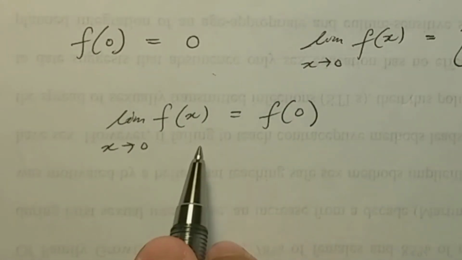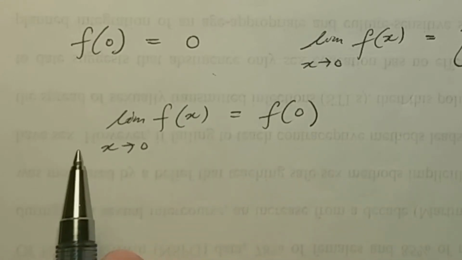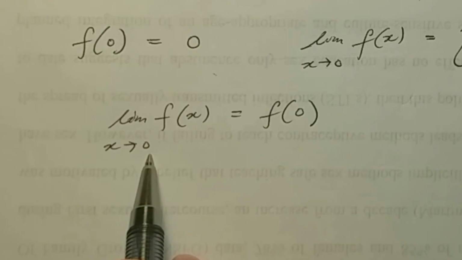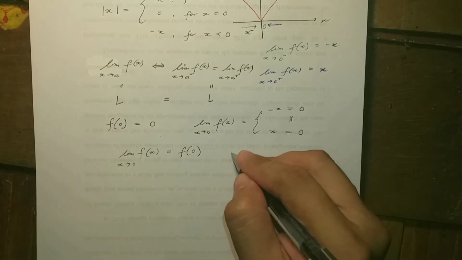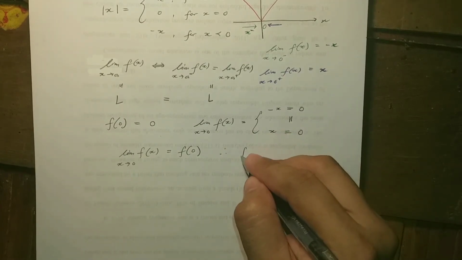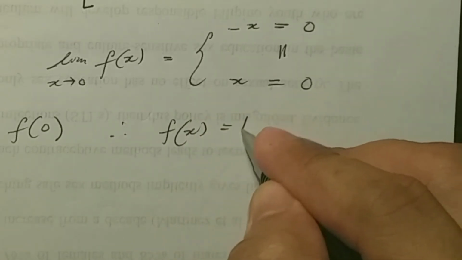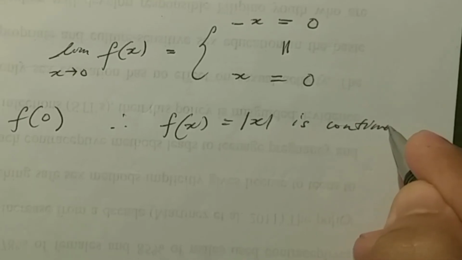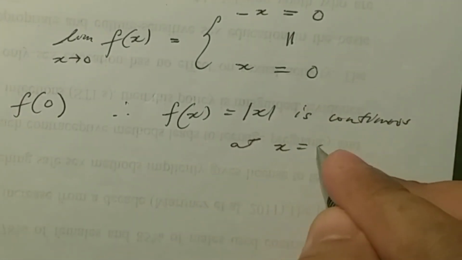So it satisfies the definition of continuous at the point x equals 0. By that, we can conclude that f of x, which is equal to the absolute value of x, is continuous at x equal to 0.